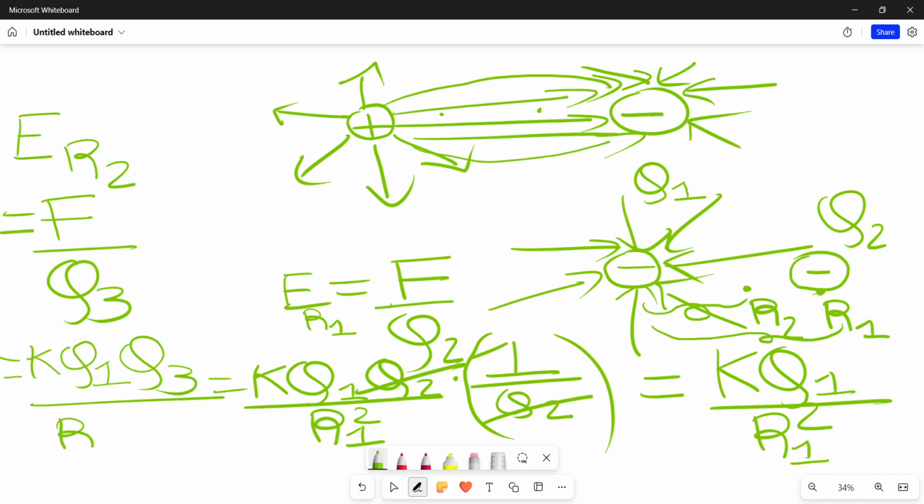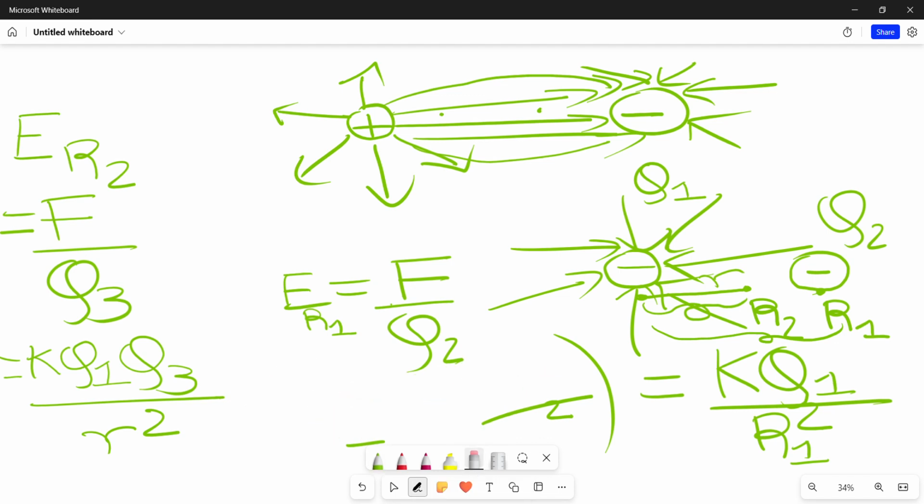The subscript might be a bit confusing, so for now we can just take it to be r, so it's more clear. I'm taking this distance from the center of the charge to R2 as small r. So I'll remove this and write it as small r squared.